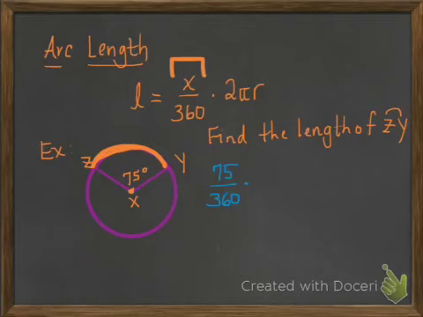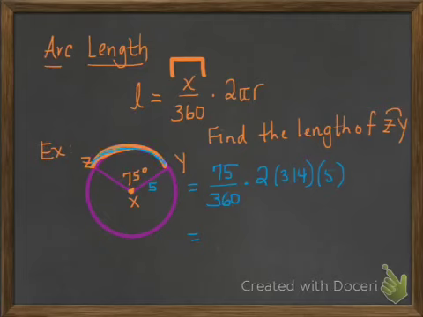Let's say that the radius here, of course you're going to need to know that, is 5 units. So to find the circumference, we're going to take 2 times pi, we'll let 3.14 be pi, times the radius. So I multiply this all out, that's going to be the distance all the way around.